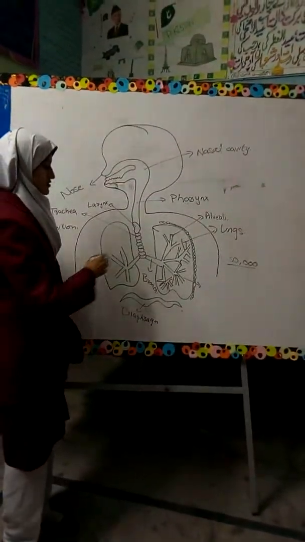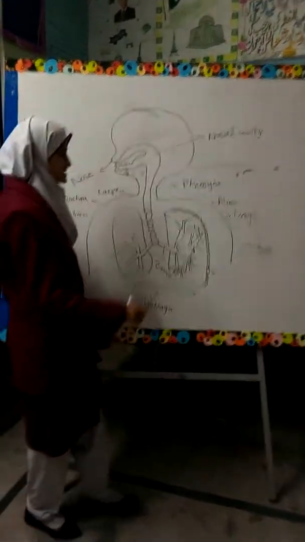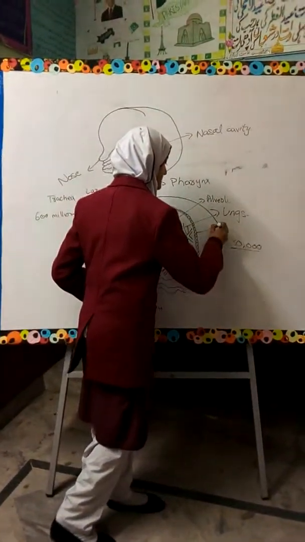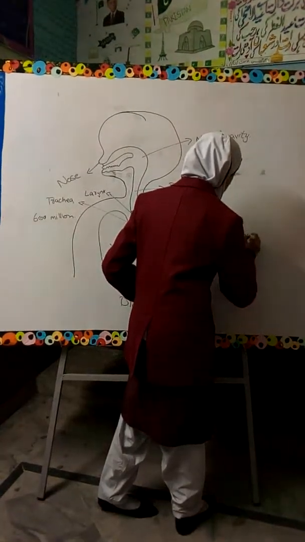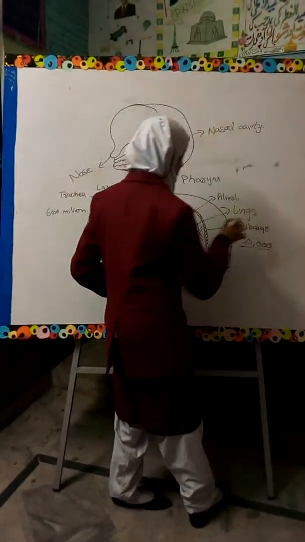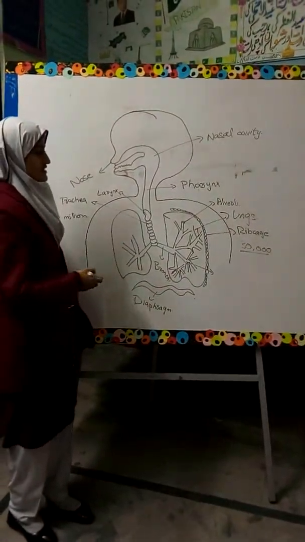And it surrounds all four sides of our lungs, and this is called the rib cage. The rib cage also contributes to our respiratory system.